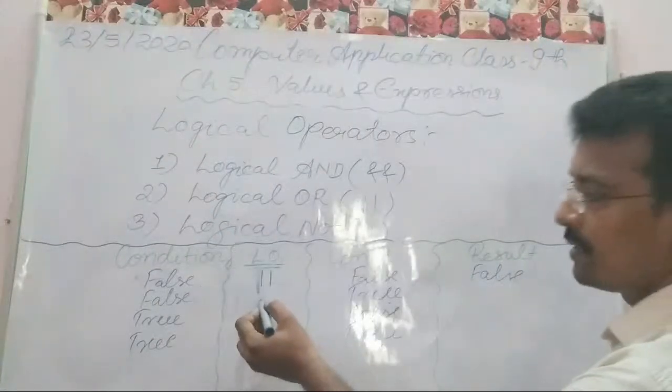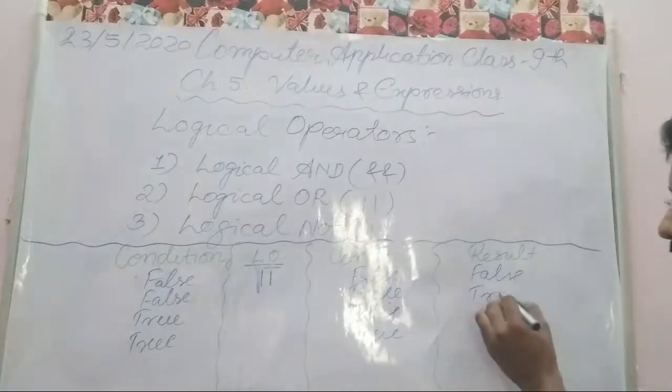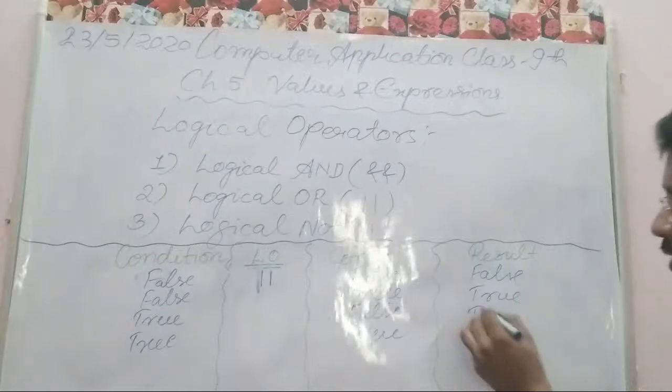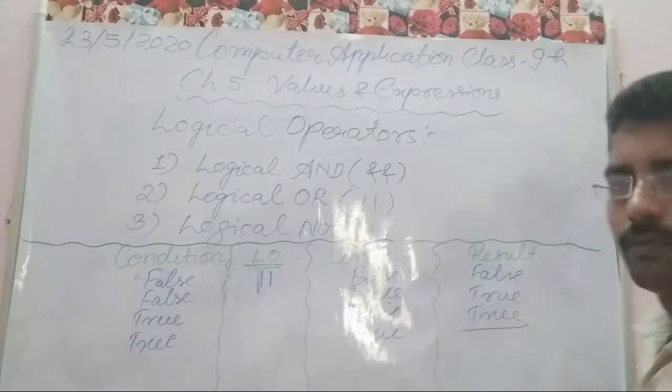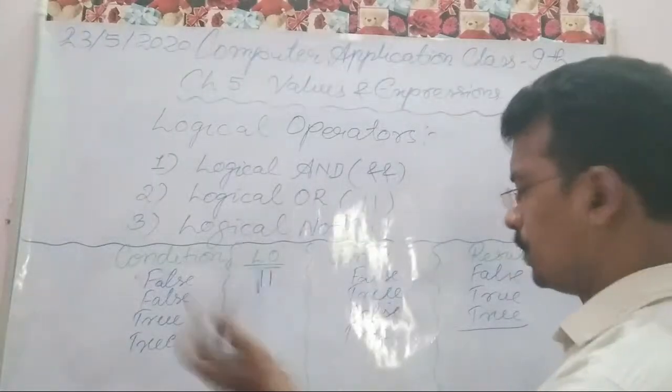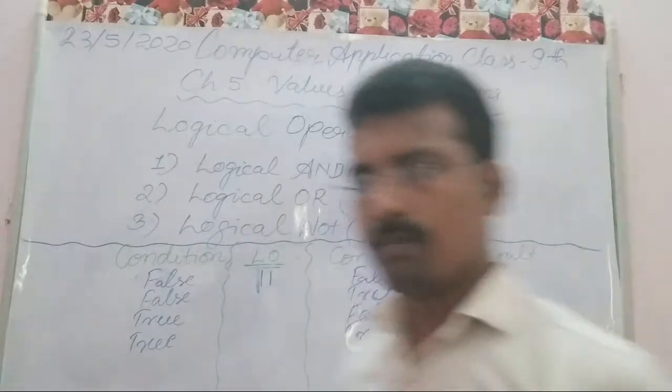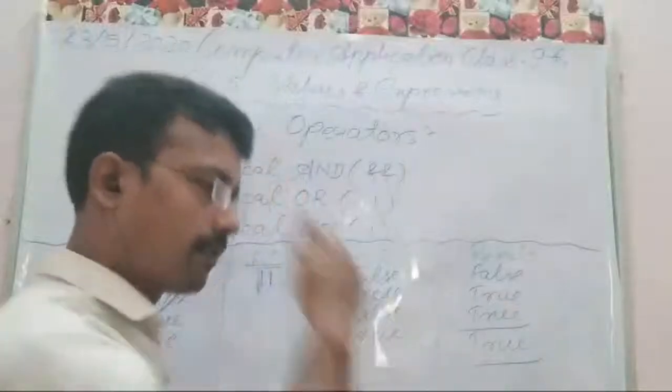So the OR operator says I will return true. Next, if the first is true, then no problem. No need of checking the other. True. Both are true: no need of checking again. True. So the OR logical operator will produce a final result as true.